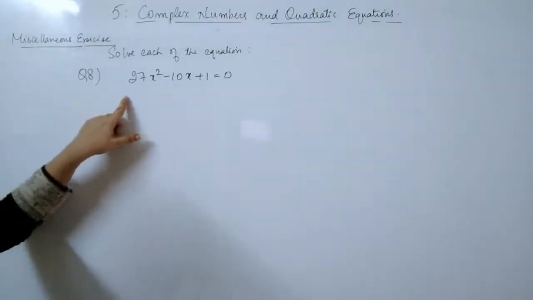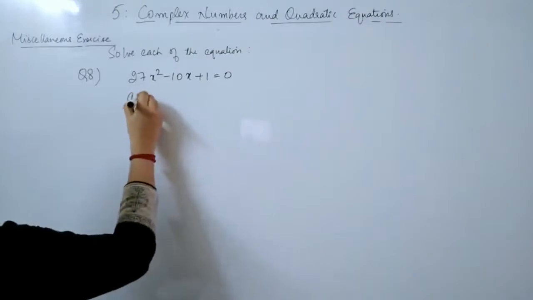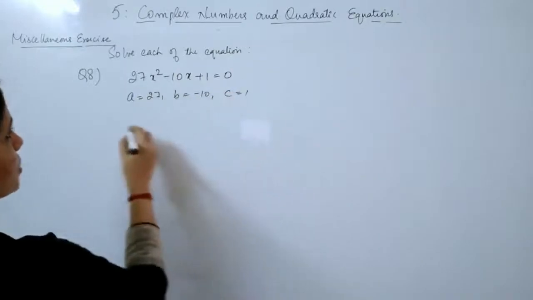Question number 8 is 27x square minus 10x plus 1 equal to 0. Comparing, we will get a is equal to 27, b is equal to minus 10, c is equal to 1.